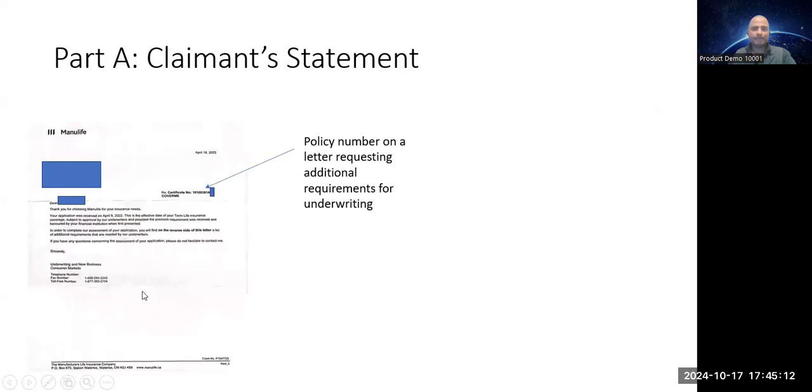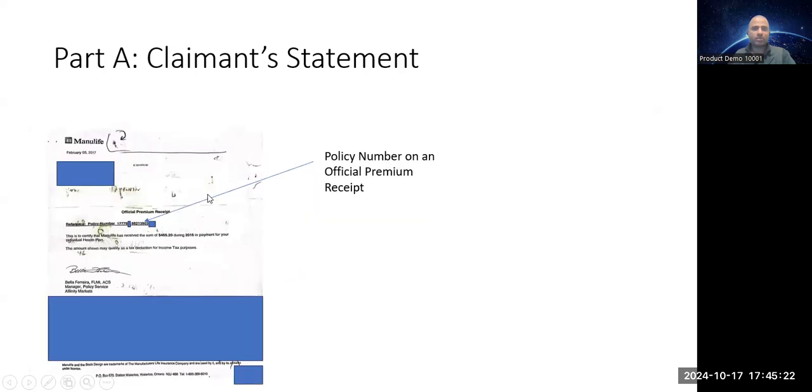Next, you have your policy number on a letter requesting additional requirements for underwriting, on the right-hand side on top of the page. You may also find your policy number on an official premium receipt. This one is from Manulife, and the policy number is right underneath the title.